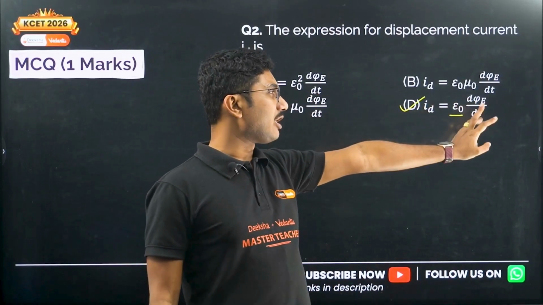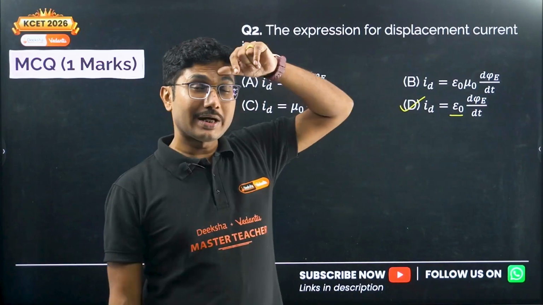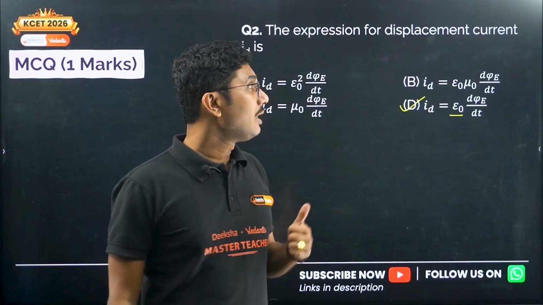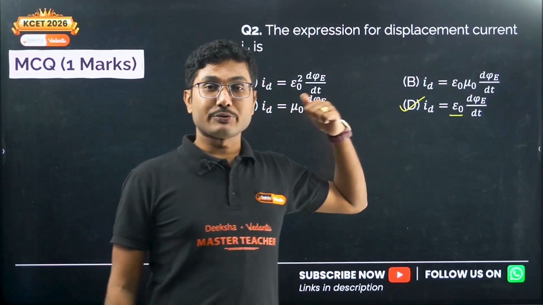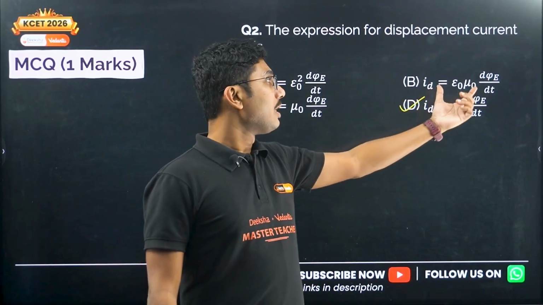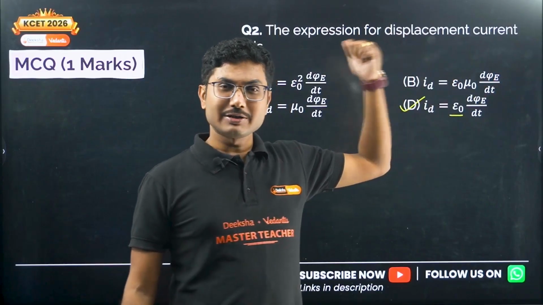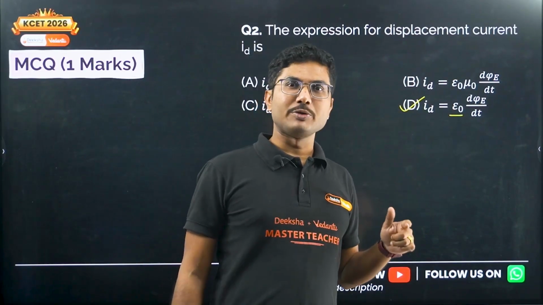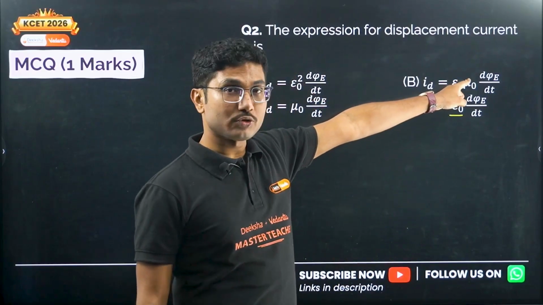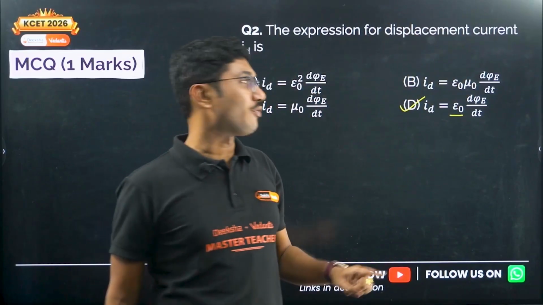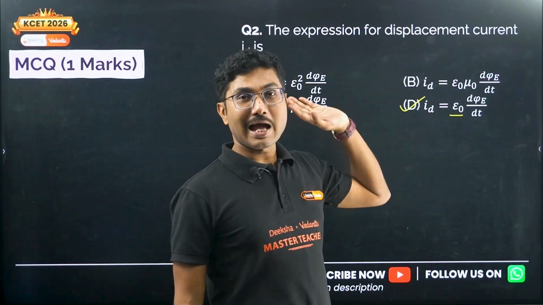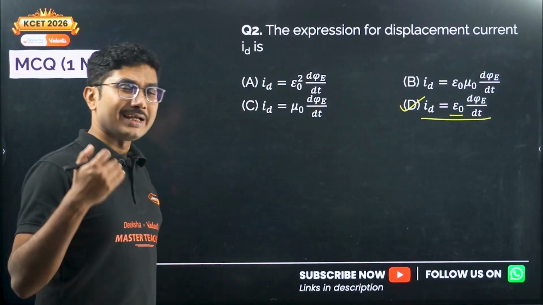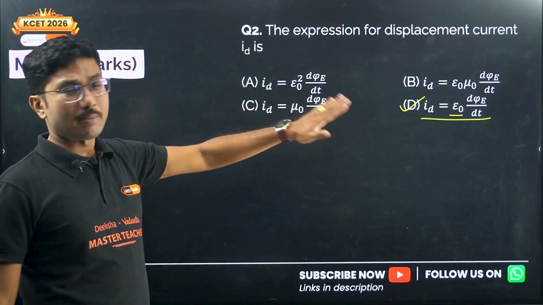When you are writing the modified Maxwell-Ampere circuital law, this term comes in, because in Ampere's law we have mu naught I. B dot dl equals mu naught I, so that's why mu naught comes there. But in general, the normal expression for displacement current does not have any mu naught. Very common mistake, and this question has repeated multiple times in history, so please be careful about this.